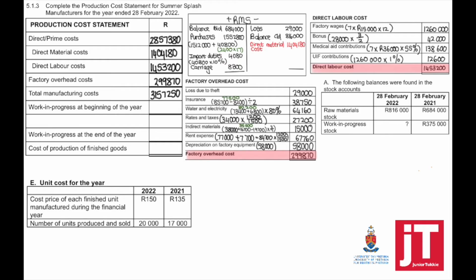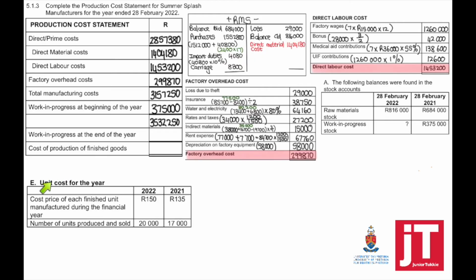Work in progress at the beginning of the year, that was given to me, 375,000. So now take total manufacturing cost plus the work in progress at the beginning. Now you would notice that work in progress stock at the end is a question mark, which means that we've now got two unknowns.